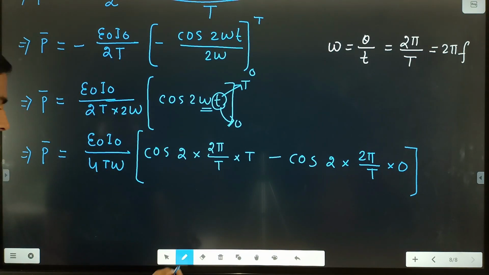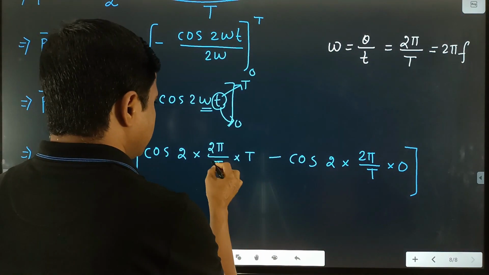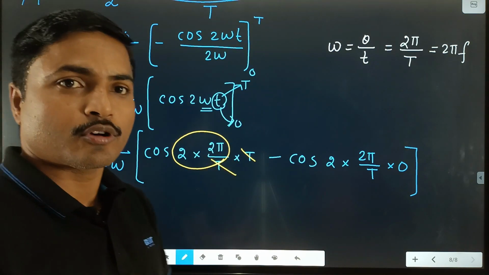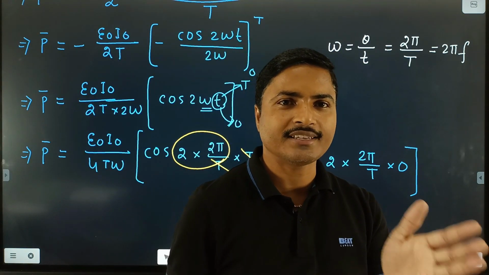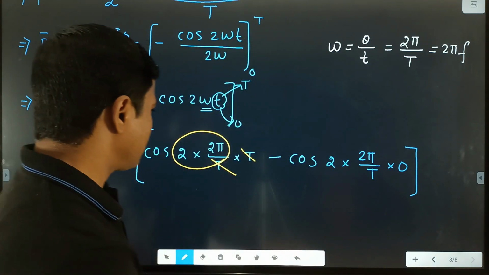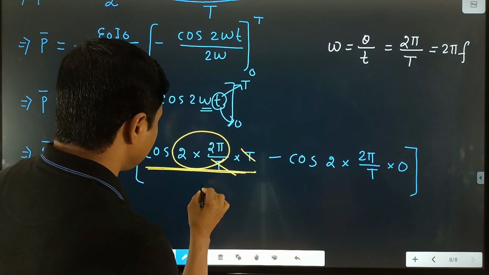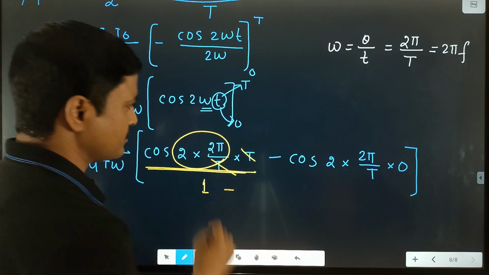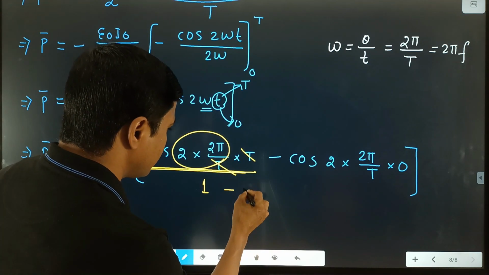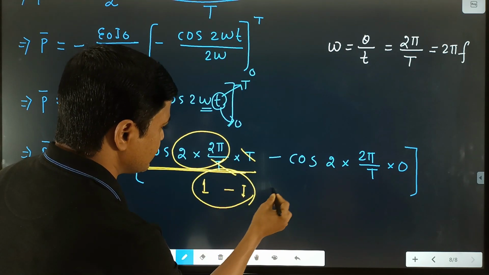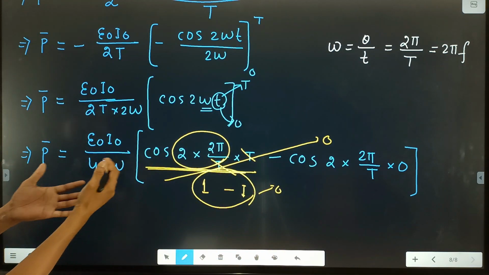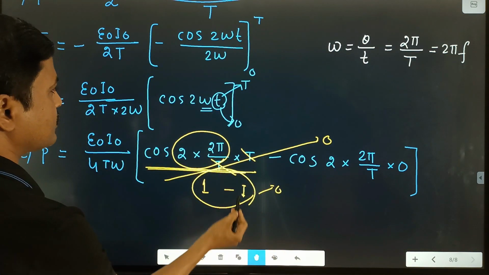Clear. And here T cancels, that is cos 4 pi, and you know the value of cos 4 pi. Cos 4 pi is the same as cos 2 pi, that is also the same as cos 0, and cos 0 means 1. So 1 minus 1 is 0, that means this total term is 0, and 0 multiplied by something is 0.